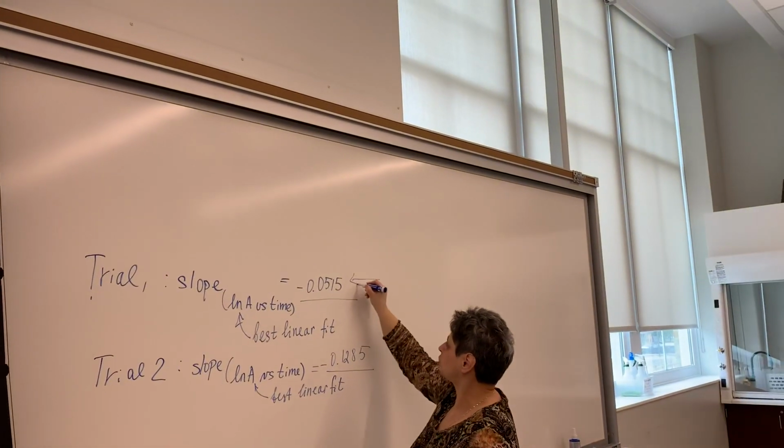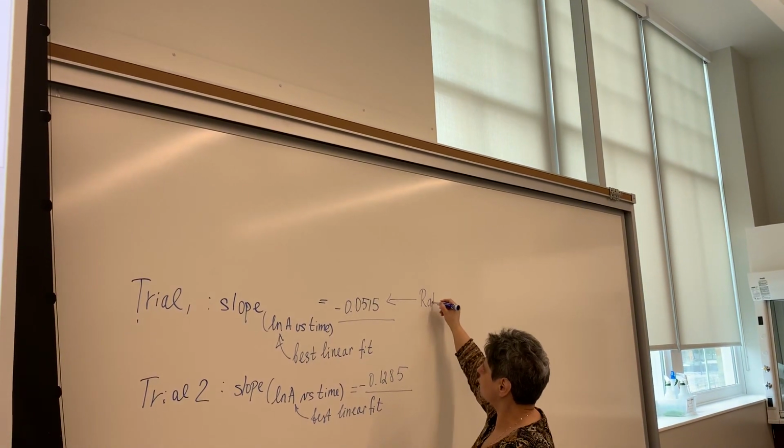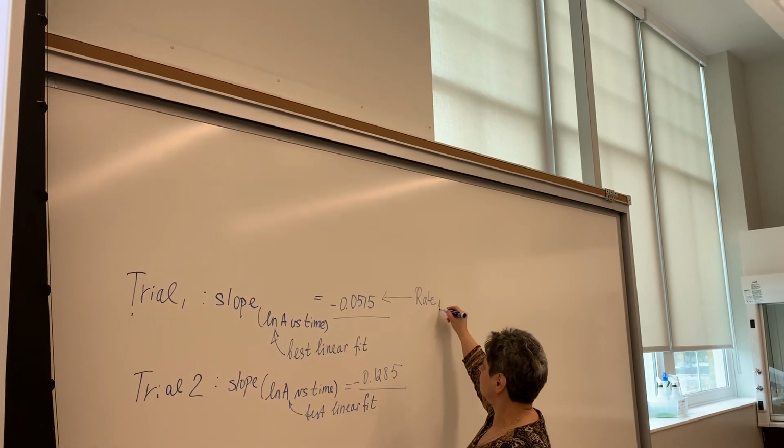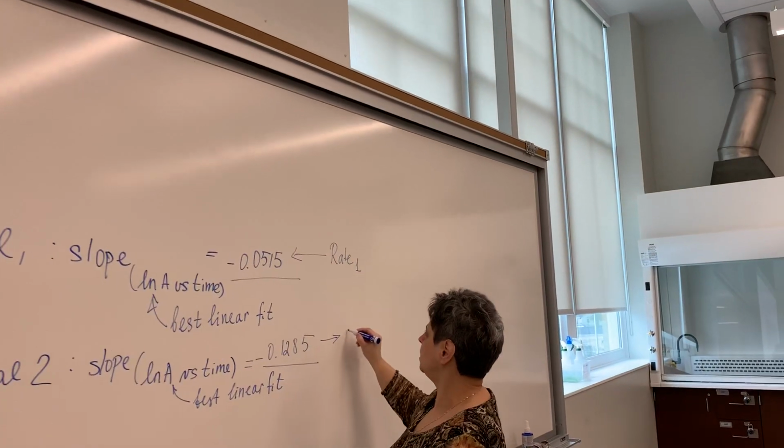So why do we need these slopes again? Because these slopes show us the rate, the initial rate value. This is rate 1, and this here is rate 2.